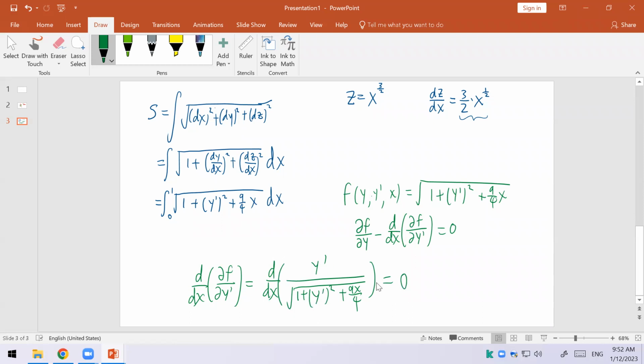Up to this point, mathematically the way we solve it is very similar to the previous example. This d/dx of this whole thing is 0, so that means this whole thing here has to be a constant.